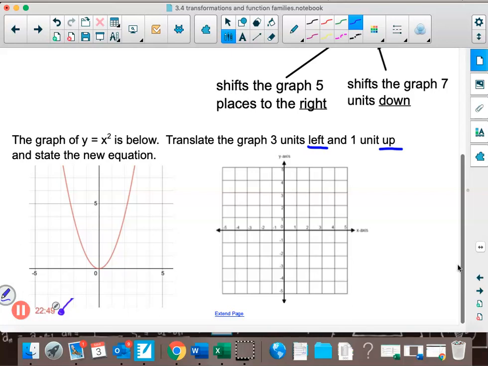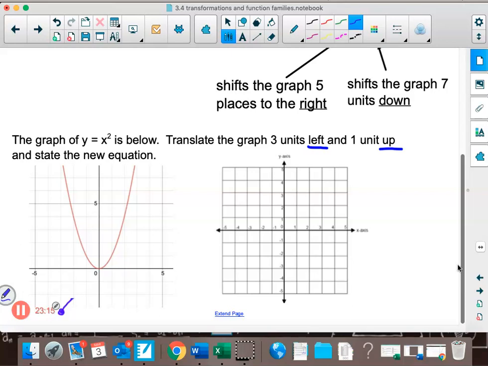First, let's just start with the graph. We're going to take this graph, y equals x squared, and shift the whole graph 3 units left and 1 unit up. If you're doing it on paper, you can do it on the same grid, or you can do it on a new grid. I think I'll just do it on the same grid so you can see the new graph.